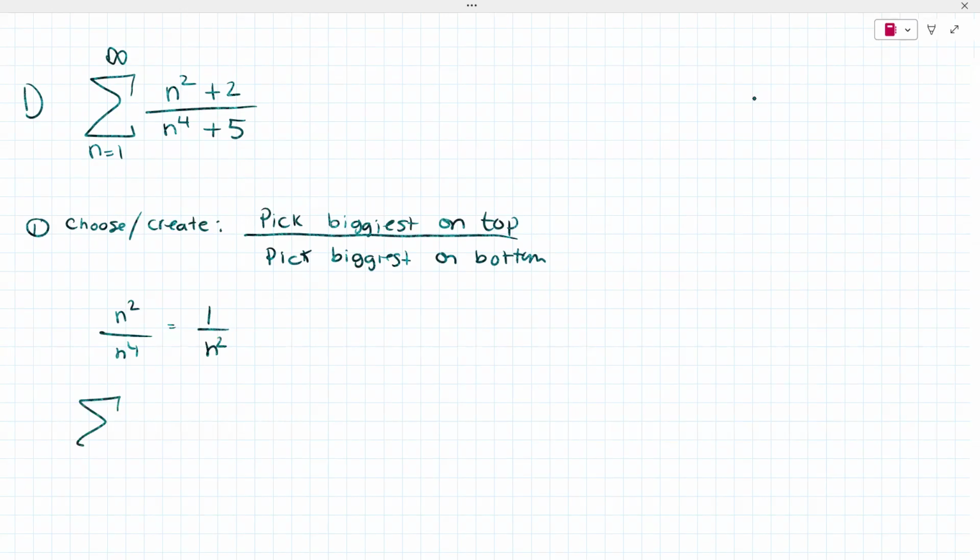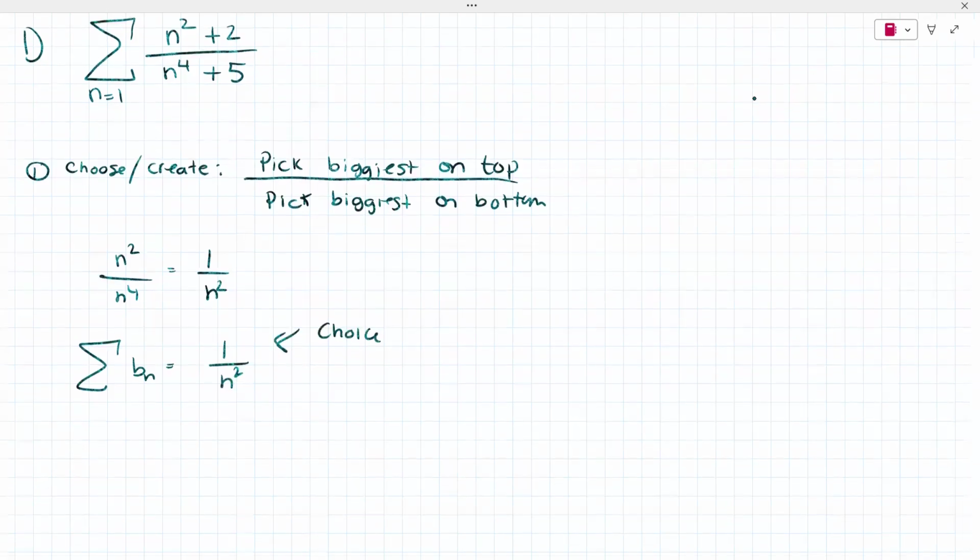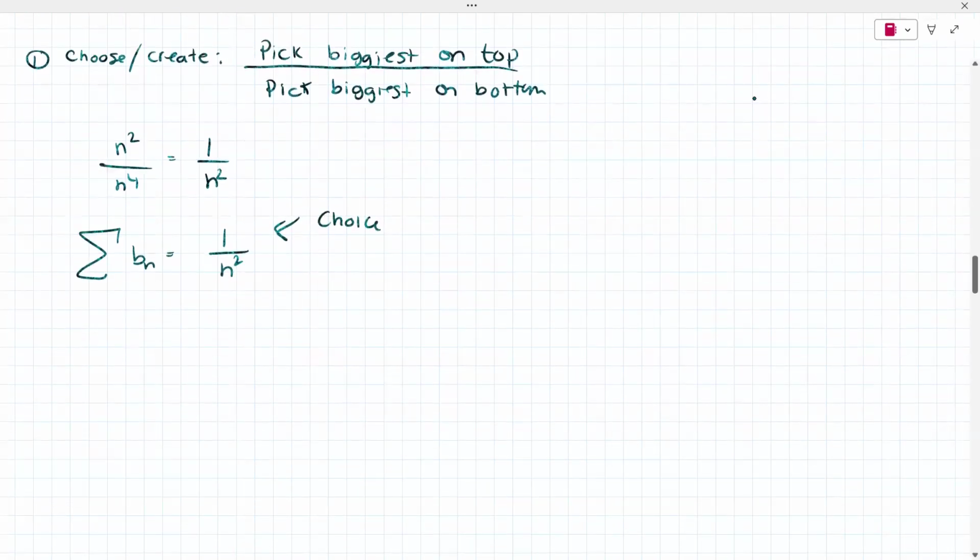So the summation of b_n is 1 over n squared, and that is our choice. Okay, step 2, we're going to write it as a limit as n approaches infinity of original over choice.